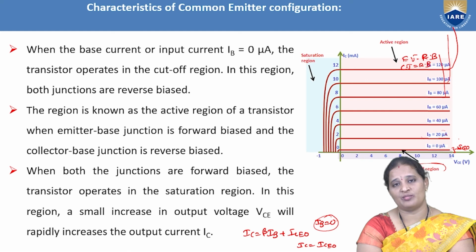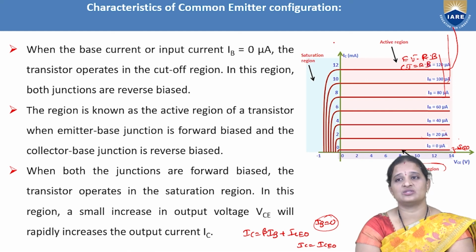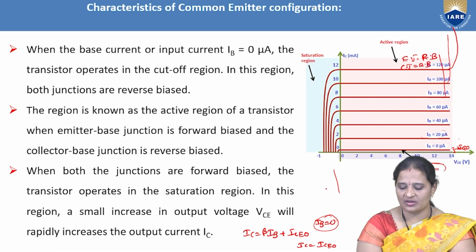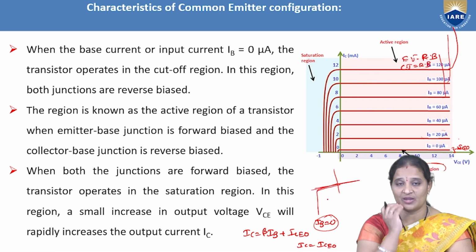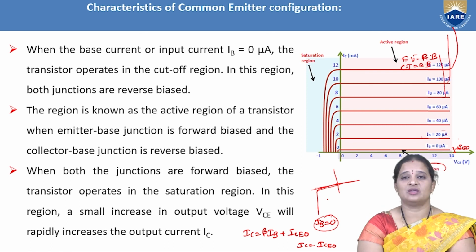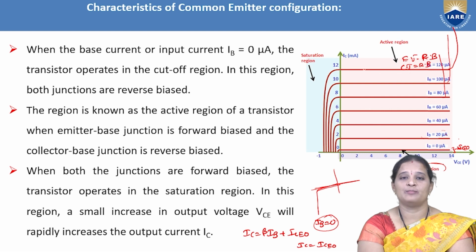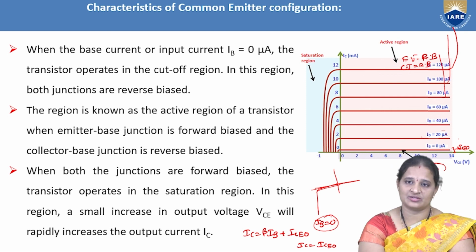And one thing you need to remember, the output characteristics of the transistor are identical to the reverse bias characteristics of a PN junction diode. If you reverse these characteristics, what are the characteristics of a PN junction diode? These are the characteristics of a PN junction diode, right? If you reverse this, these will be identical to the PN junction diode reverse bias characteristics.